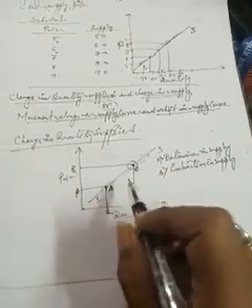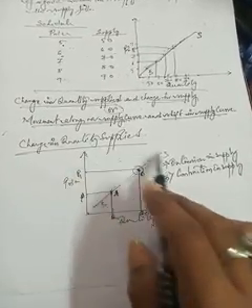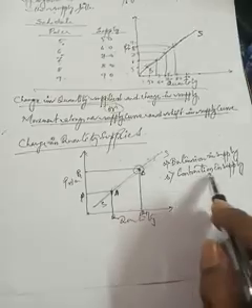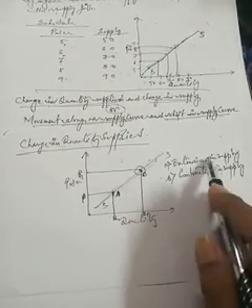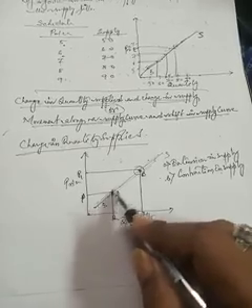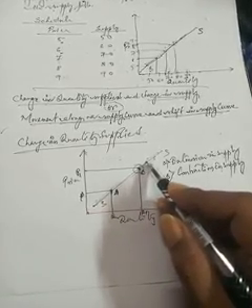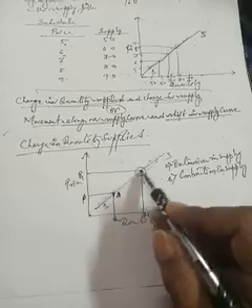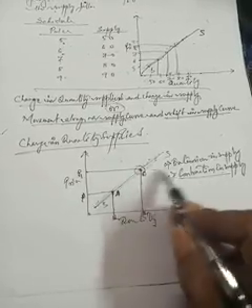So change in quantity supplied has two parts: extension in supply and contraction in supply. When you move along the supply curve upward, it is called extension in supply. When you move along the supply curve downward, it is called contraction in supply.